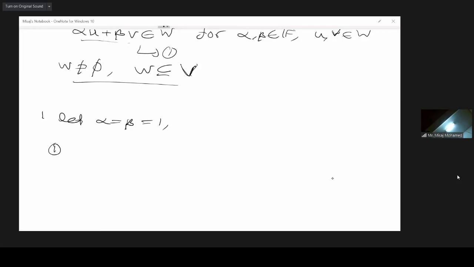Then this implies U plus V is in W for any U, V in W. Is it correct? So closure property holds. Any two elements U and V, U plus V is in W.